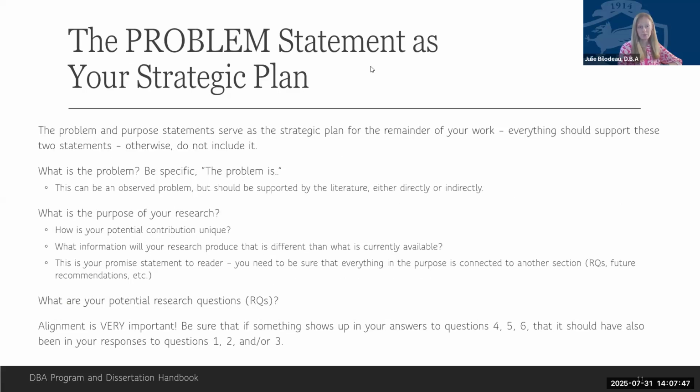I think of the problem statement as my strategic plan. So I mentioned a few minutes ago the shiny object syndrome, right? You don't want to be including or chasing anything that does not support your problem. So think about a strategic plan for an organization.